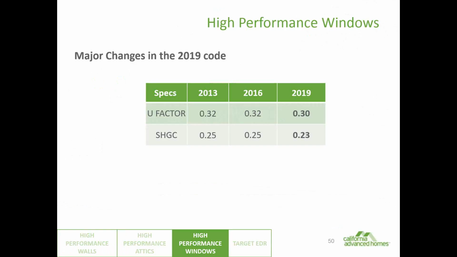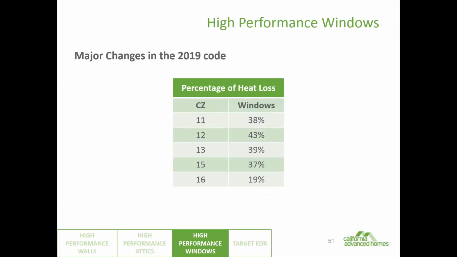Where the code is going beyond this, though, is what they've asked, or what we've been talking to them about, is how can we really incentivize windows? We need to take the next technological leap in windows, because at this point, when you've got an R20, R23 wall, the heat loss is through the windows.